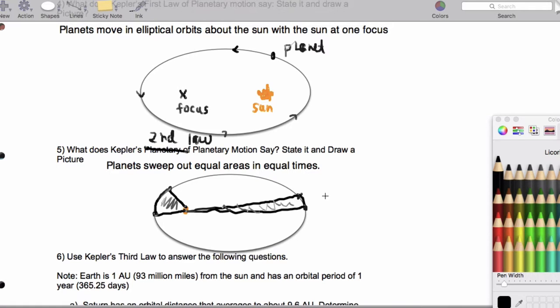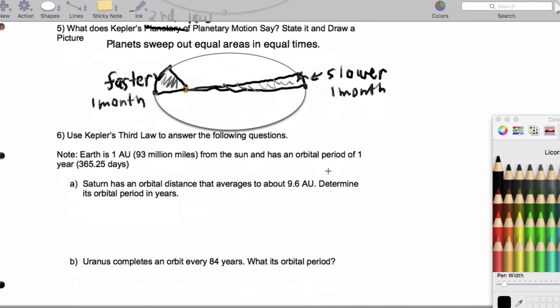Just to be clear, it moves slower here, the further away from the sun it is, and faster here, the closer to the sun it is. And these are equal times, so this would be 1 month, and this would be 1 month. That's the idea.